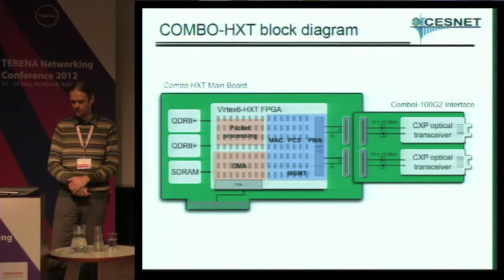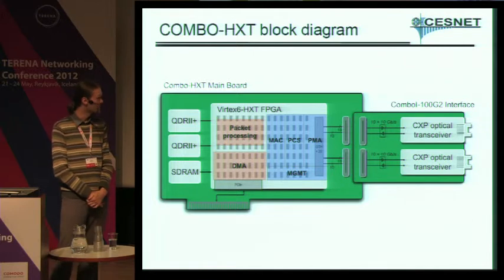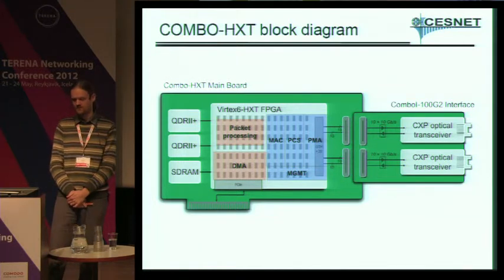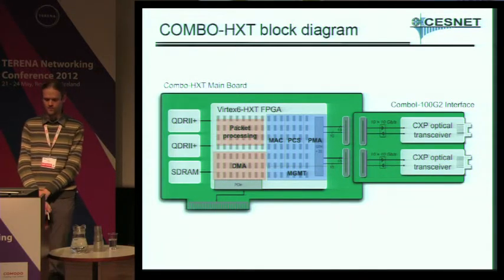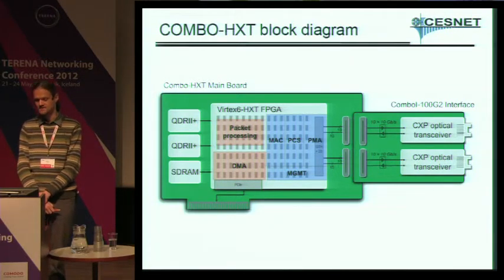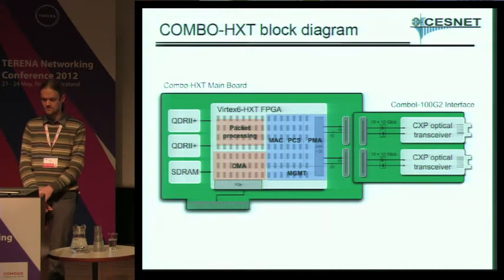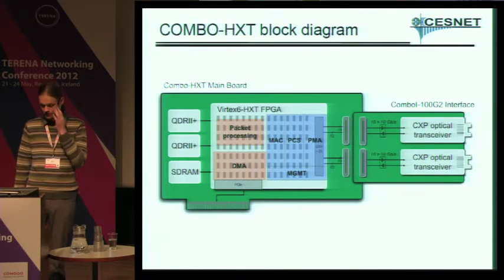Also, we can use some packet processing, filtering, and so on in the FPGA. There should be space left for that. Then we have 2 connectors, and the interface card is designed to be as simple as possible, just the retimers and the cages for the transceivers.